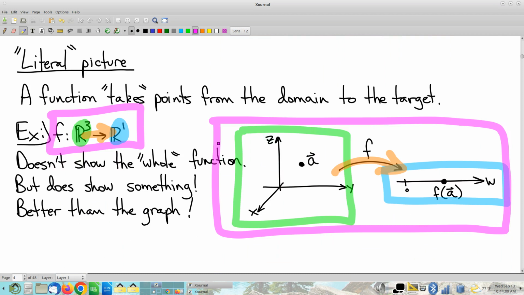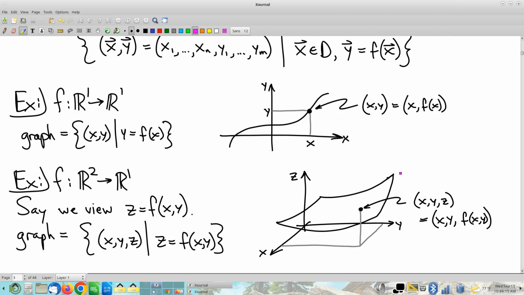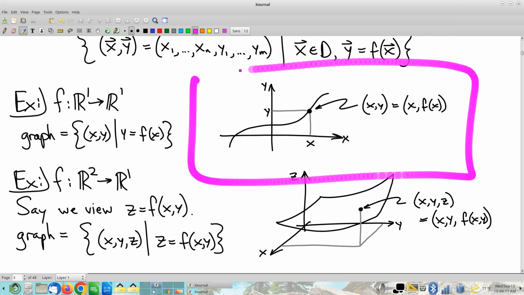The other pitch I'm going to make for this is there actually are some nice things that we can do on this picture. Let me go back to the single variable again. Looking at this picture right here, there are certain things that we talk about, such as at a given point, what's the derivative? How do I think about the derivative? We talk about the tangent line, rise over run and stuff like that.